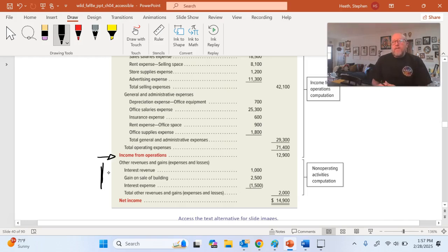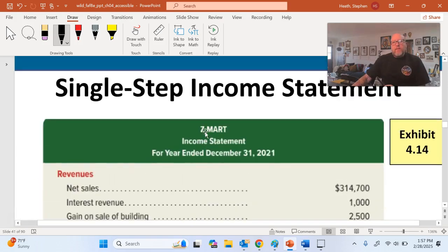And then you would think this is the end, but we'll find out that there are actually additional things. For instance, taxes and so forth. But this is net income before taxes in a multi-step income statement.